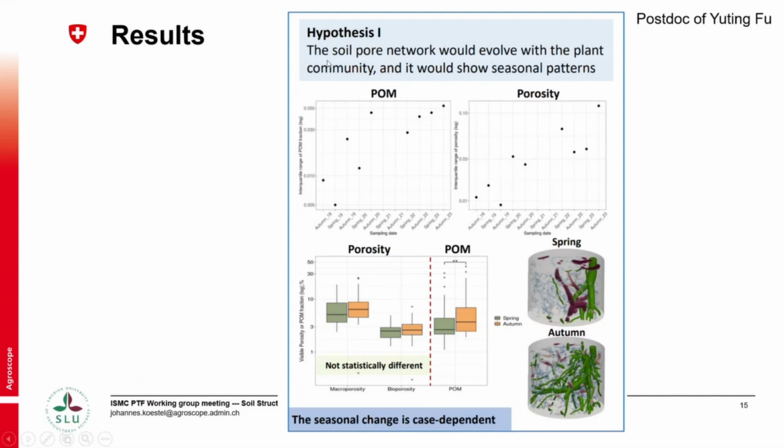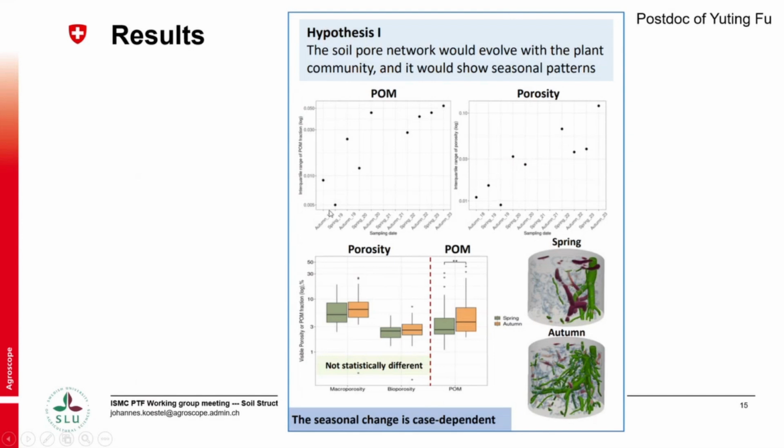Actually, it evolves with the plants that are growing there and the root biomass that they have in the soil. You can see the variations here, and actually it's not so much the average value that changes, but the variance, for example, in the particulate organic matter that is imaged. You can see it increases statically with time, and with it also the porosity is increasing.